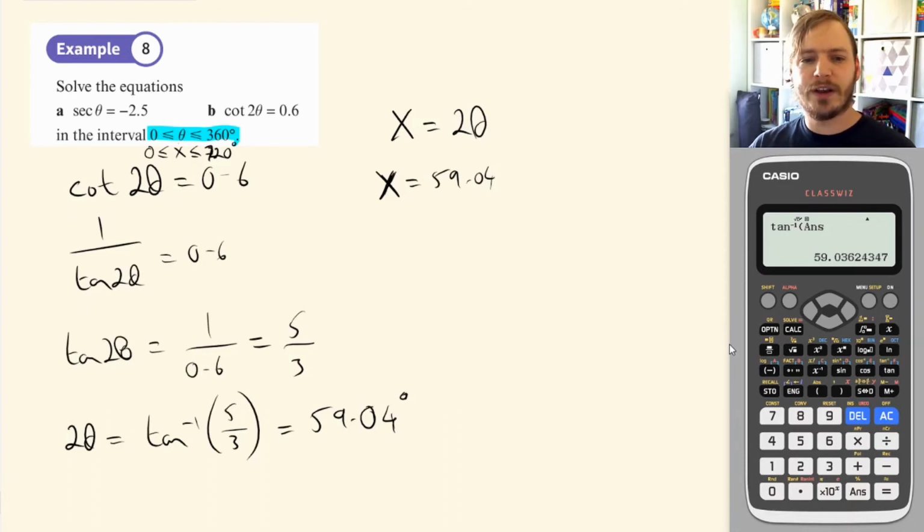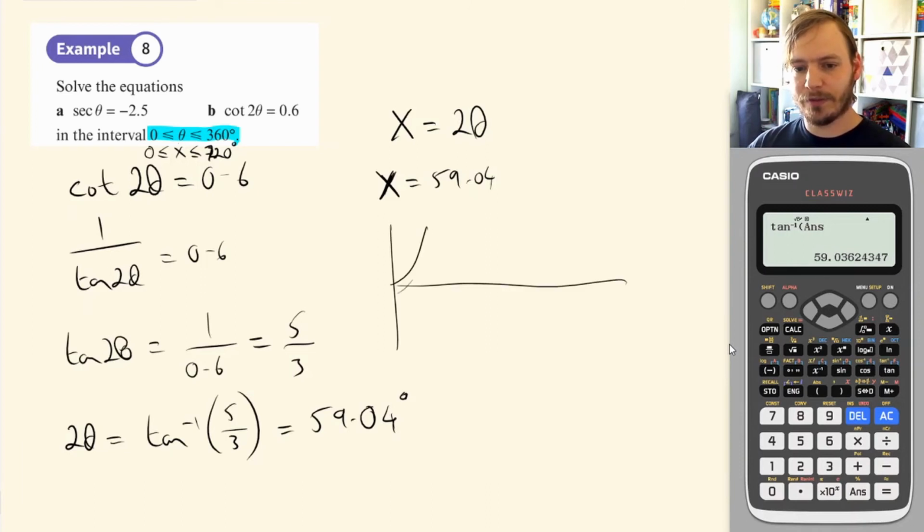So my range of values for x is double the range of values it needed to be for theta. So I need to find all of the possible values for x for tan within the range 0 to 720.